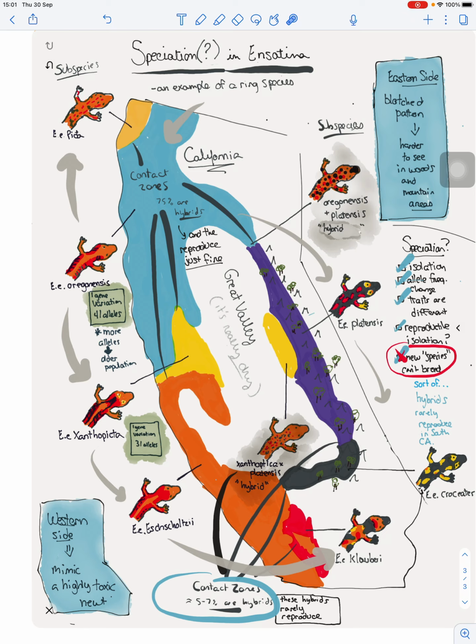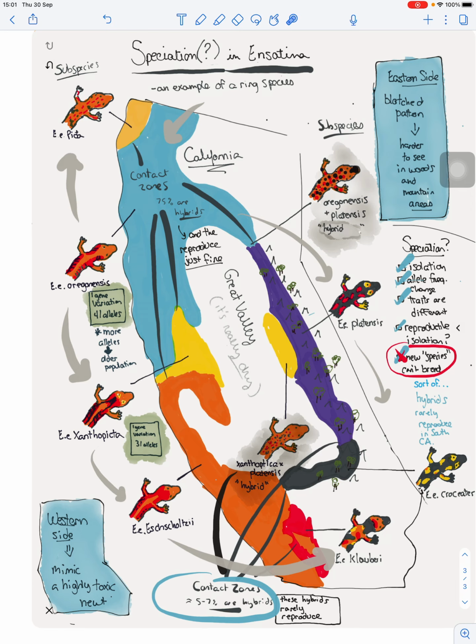But they're not quite fully species now. So again, this is exactly a ring species. If we came back in 1 million years, you may only have, say, Picta up here maybe, and maybe Klauberi, and a lot of these in-between ones may have gone extinct. So all we would see is this, and you can say, oh yeah, they're different species. But what we're seeing here is speciation in action. We're seeing a snapshot of it.